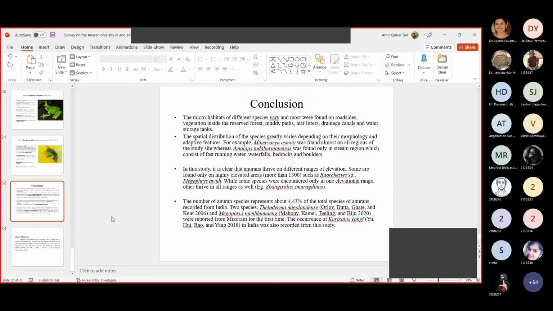Family Rhacophoridae had the most number of species, I think, from the data. Is there anything connected, like why that particular family was more, or do you have similar research work in some other area to show that Rhacophoridae had the largest number of species recorded?